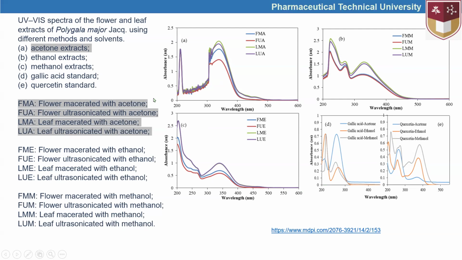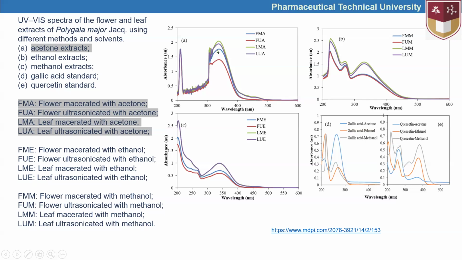We can see that the flower macerated with acetone, FMA, the blue line, had higher intensity compared to FUA, flower ultrasonicated with acetone. Flower macerated with acetone is the light blue line, and the red-brown line belongs to flower ultrasonicated with acetone.